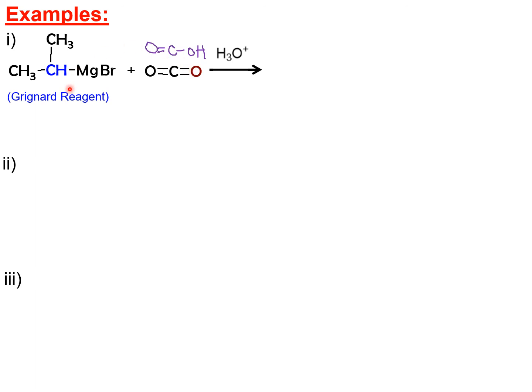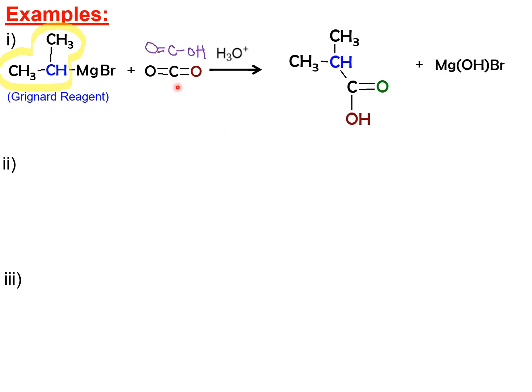Okay, you look at your Grignard reagent, you kenal pasti the alkyl group at your Grignard reagent, which is this is the alkyl group at your Grignard reagent. Apa yang berlaku? The carbon that is directly attached to the Mg halogen Br akan terus melekat dengan hydrolyzed carbon dioxide, which is C double bond O OH.